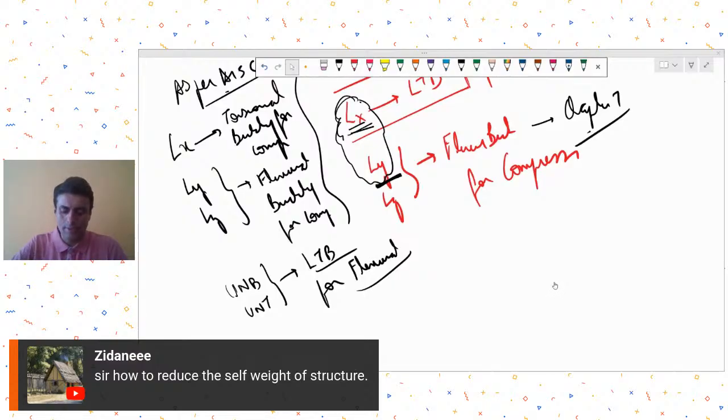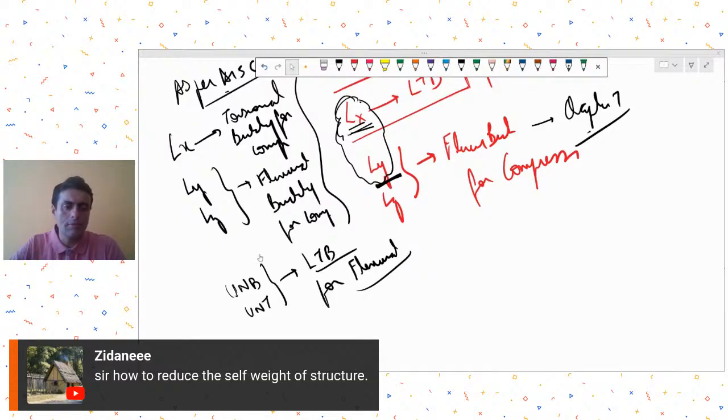Instead, use some AAC blocks or fly ash bricks. Another option could be to have a structural framing which reduces the self weight of the structure. Another option could be, in your flooring, try to make your flooring lighter by, let's say, using ribbed slabs or hollow slabs. These for reducing the self weight.